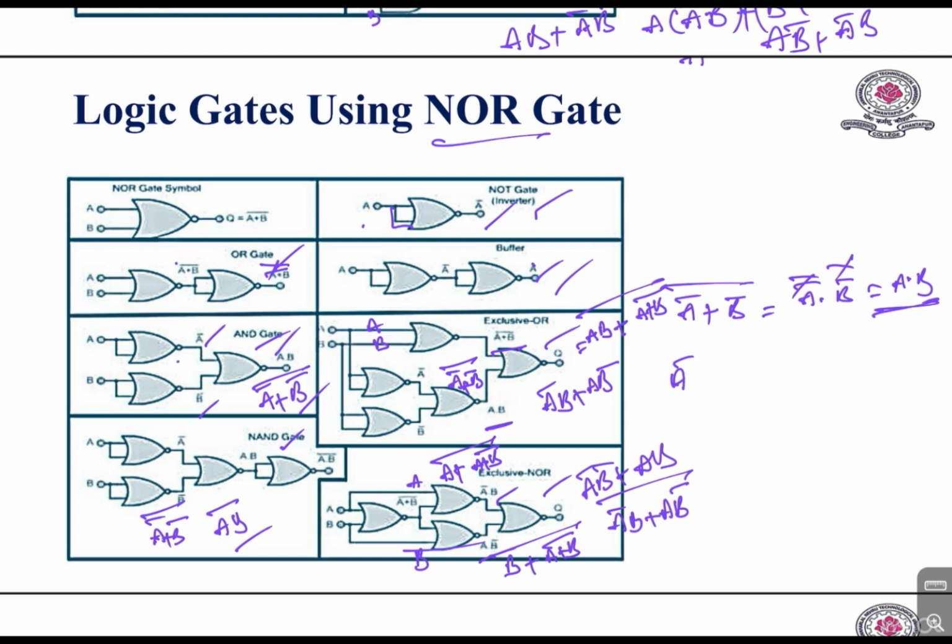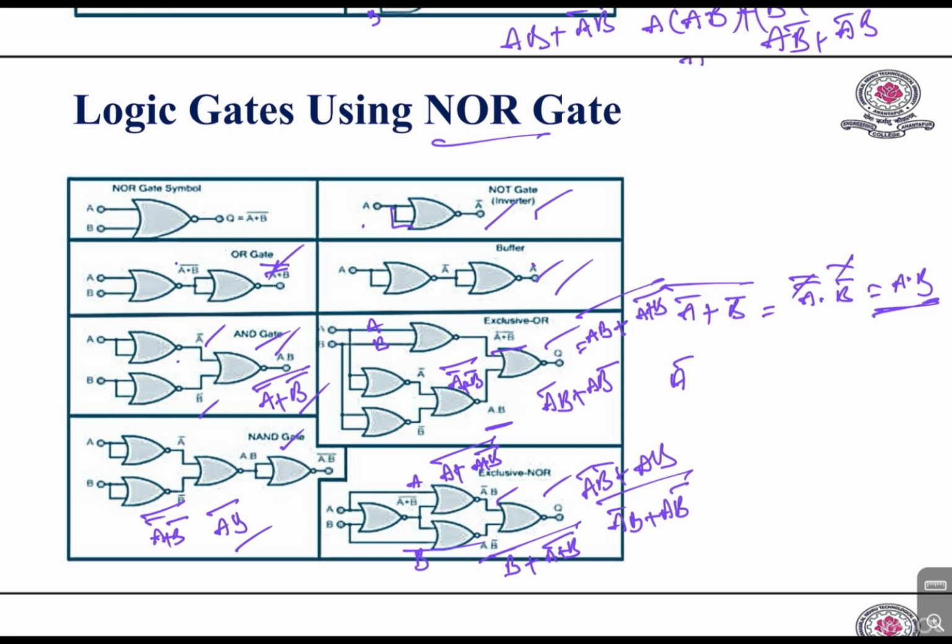Then the universal gates are NAND and NOR. We call NAND and NOR universal gates because we can implement any logic gate using NAND and NOR, as we discussed. And the special gates are XOR and XNOR.